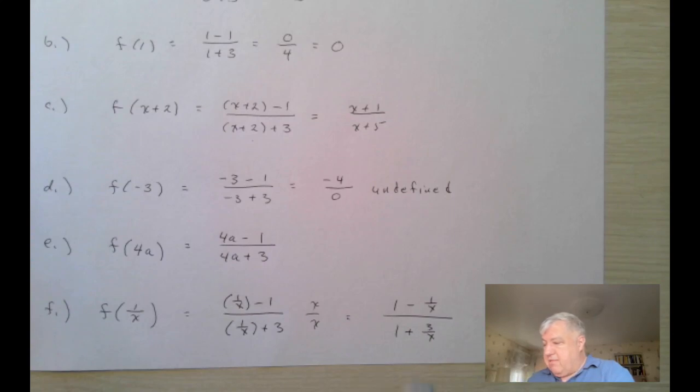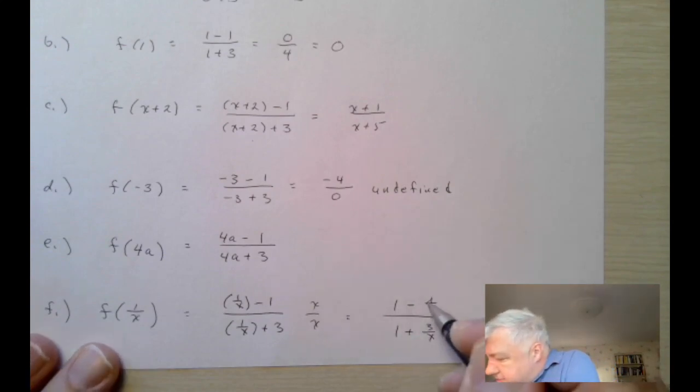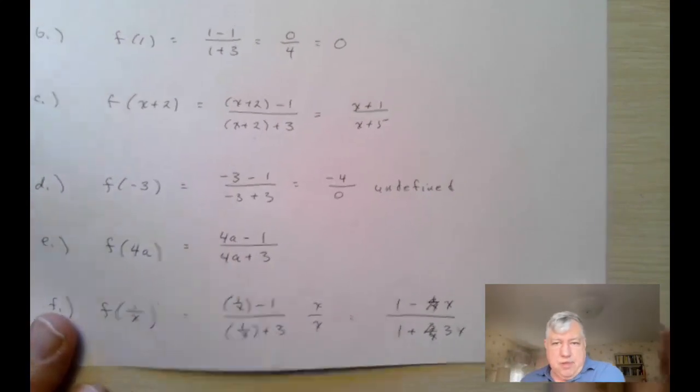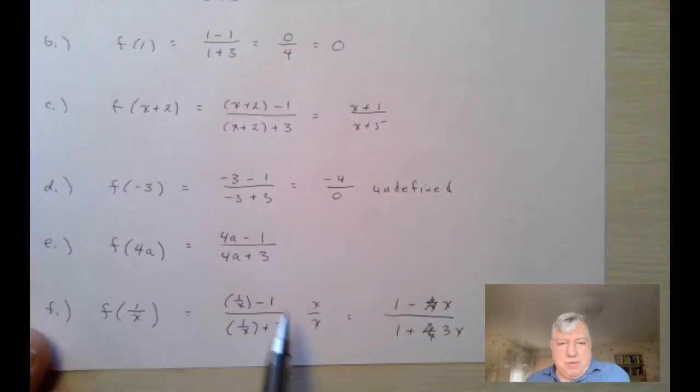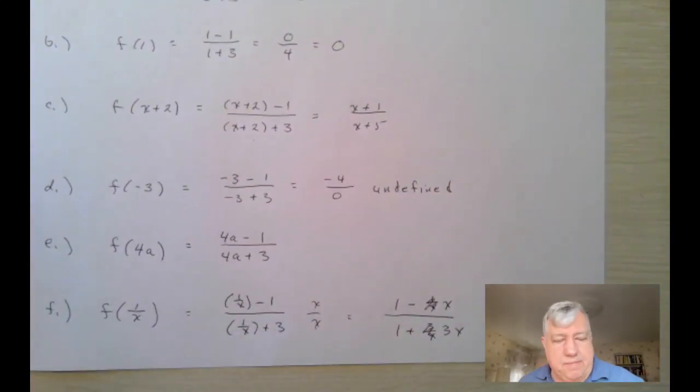But you can see it doesn't really help us that much. Actually, I'm sorry, this would be the x, and this would be 3x. So it would probably be easier just to leave it like this.